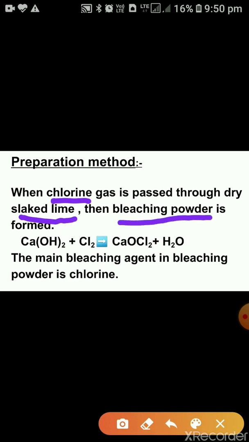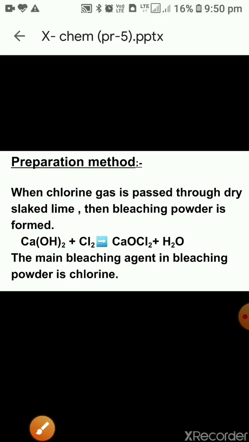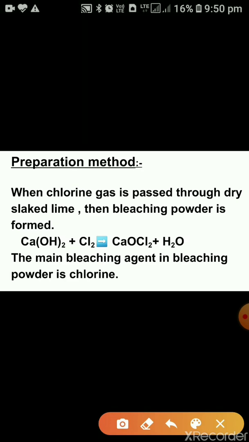The first reactant is chlorine and the second reactant is slaked lime. Then we get the product, bleaching powder. You can see this in the chemical equation also. Calcium hydroxide, that is slaked lime, when chlorine gas is passed through it, then calcium oxychloride or bleaching powder is formed with water.